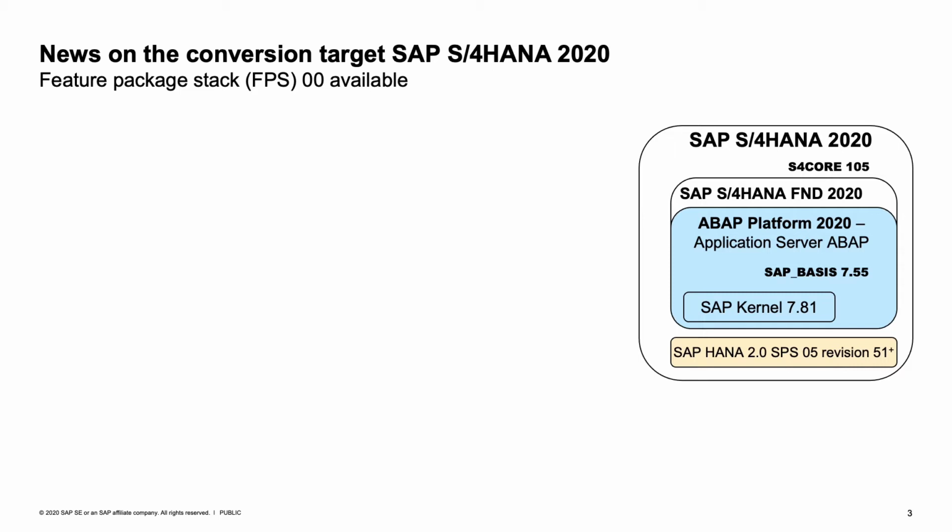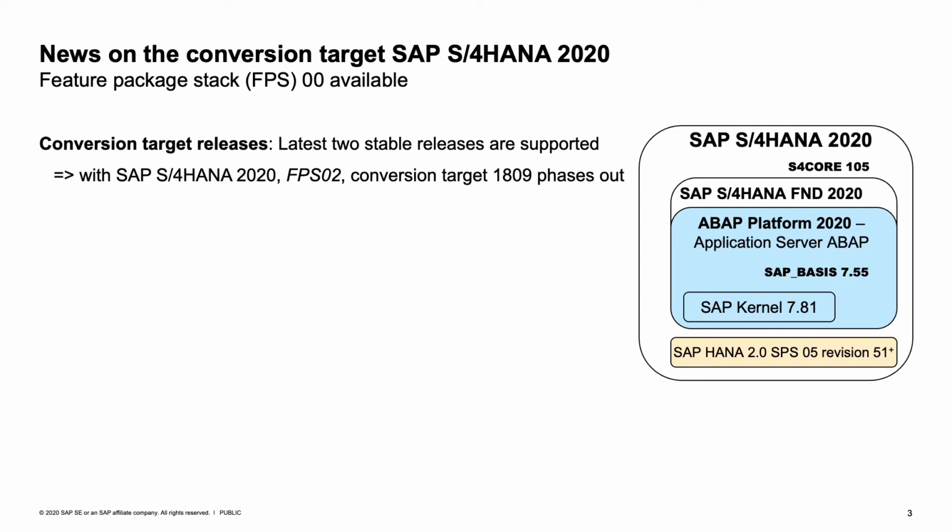All this is driven, so to say, by the SAP kernel 7.81. By the way, that is a kernel that is not downwards compatible. And of course, SAP S/4HANA runs on HANA database. It is 2.0, support package 5, revision 51 or higher. Those are the numbers that we have there.